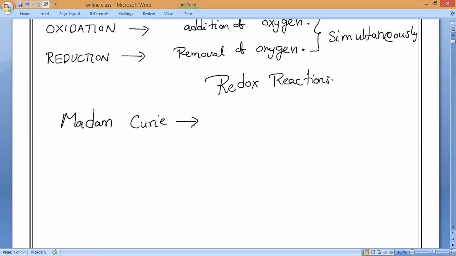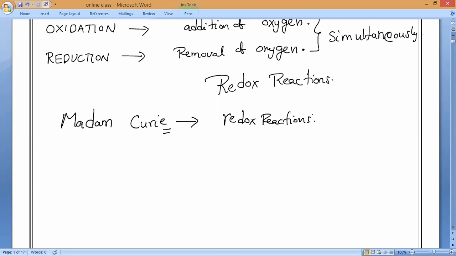Madame Curie said that chemistry is the complete study of redox reactions, because it is always either addition of oxygen or reduction.